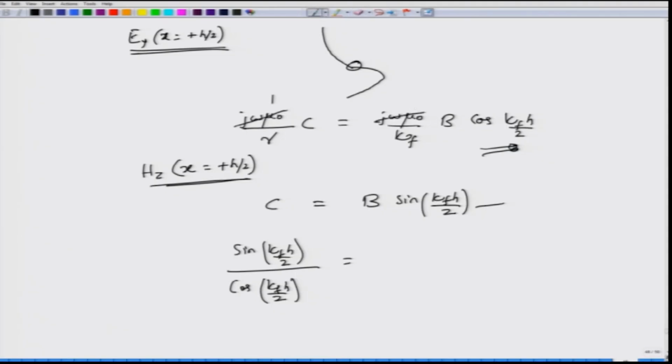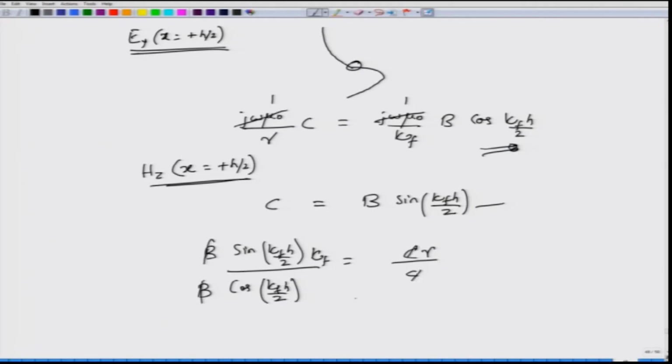So, I will have b sin kappa f h by 2 divided by b cos kappa f h by 2, divided by kappa f, so kappa f goes on top. This must be equal to c divided by c by gamma, so gamma goes on top, and b cancels out from these equations.